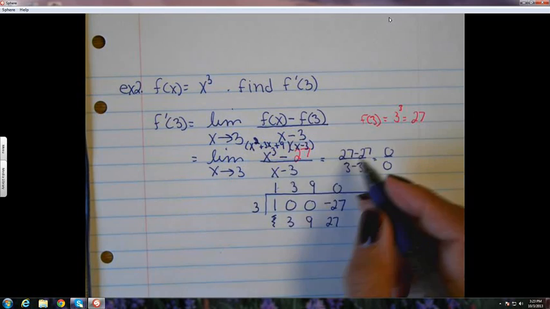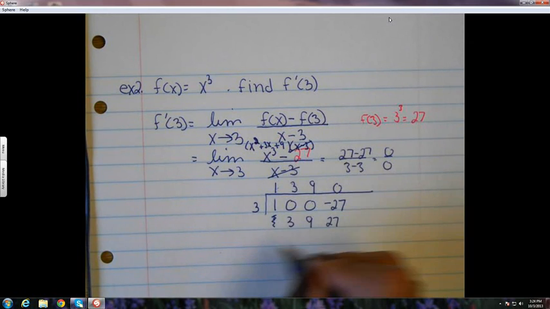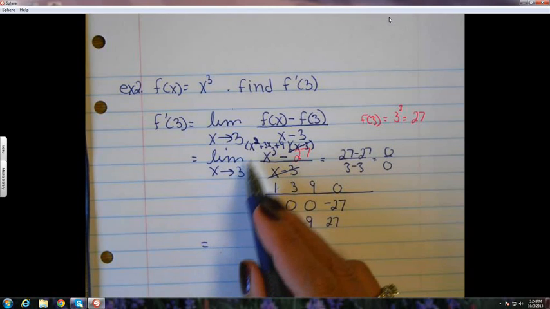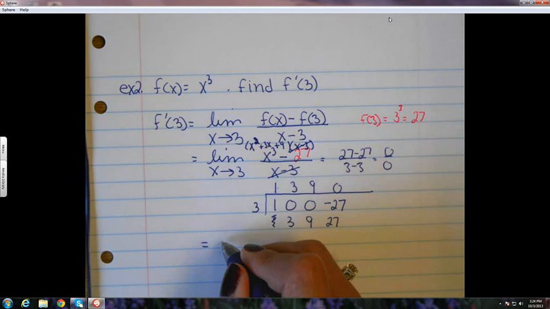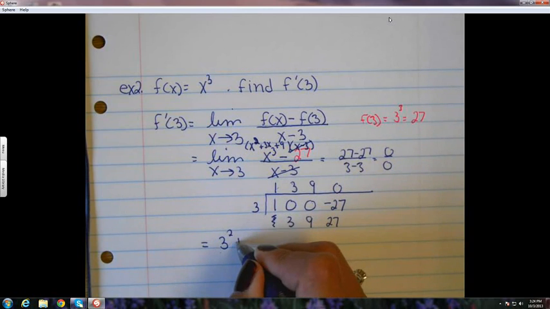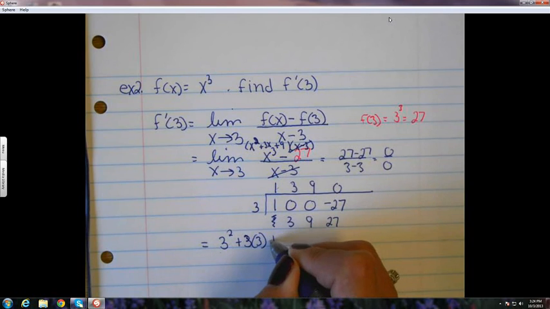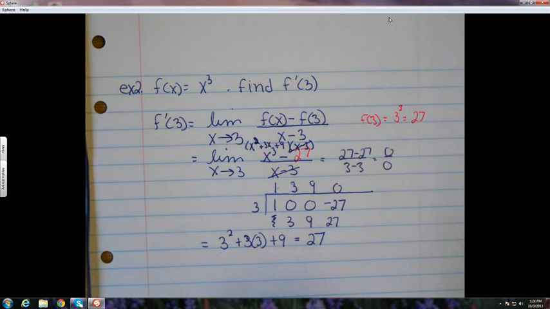Now I can cancel off my common factor. Now my limit, which is my derivative, will be whatever I get when I substitute the 3 into the remaining factor. So 3 squared plus 3 times 3 plus 9. 9, 9, and 9, that's 27. Derivative is 27.